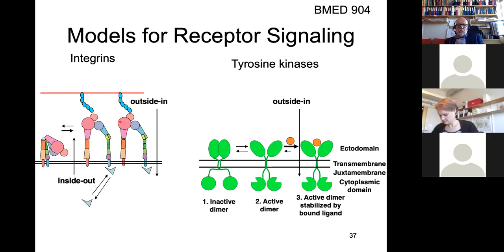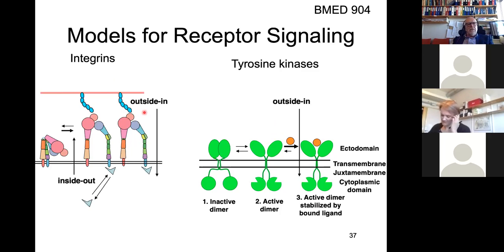If we talk about tyrosine kinases, whether a tyrosine kinase will transmit a signal will depend on, for example, how dimers are stabilized, as in this case. When a ligand binds, you have a stabilized receptor that can signal.